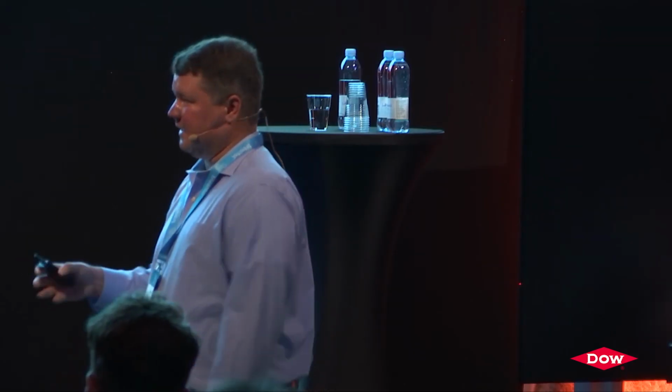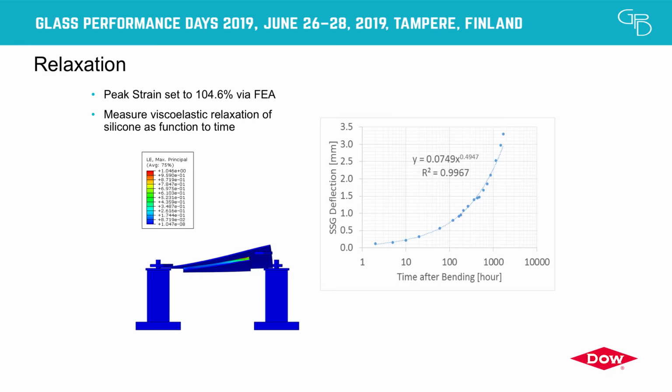So we did a second test, right? We didn't want to take it to failure immediately. So what we did is we backed off the amount of deformation that we had. So we said, okay, if at 123% max principal strain in the model is going to be an immediate failure, let's back it off 20% and shoot for around 100% max principal strain.